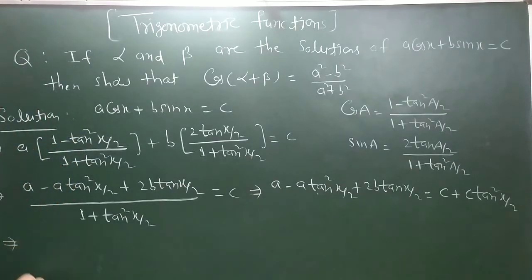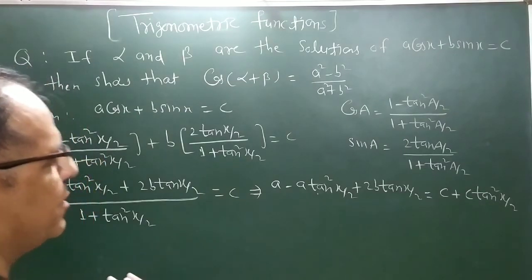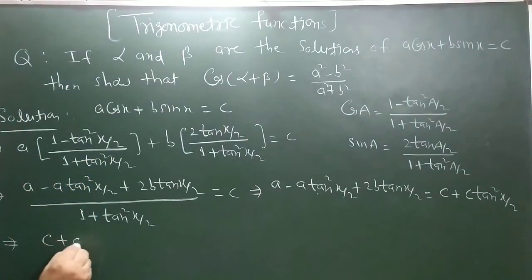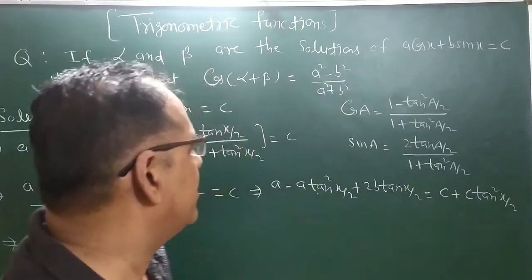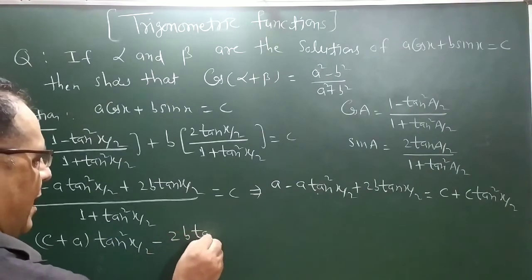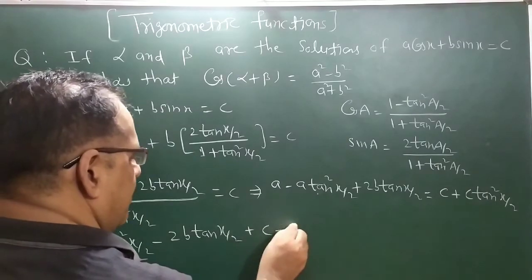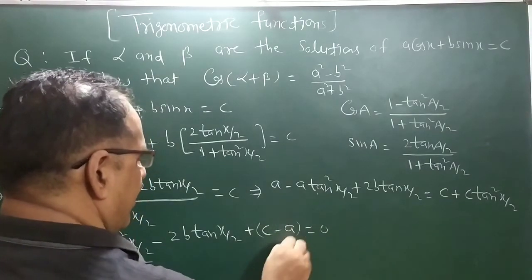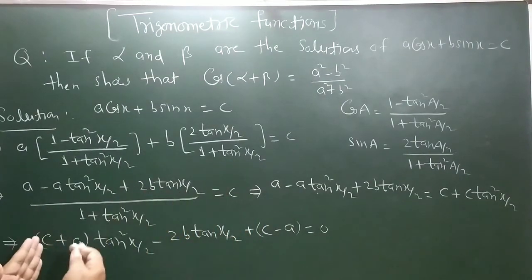Now, after converting to the standard form of a quadratic equation, this becomes (c plus a) tan square(x/2) minus 2b tan(x/2) plus c minus a equal to 0. This is showing the quadratic format in the form of tan(x/2).